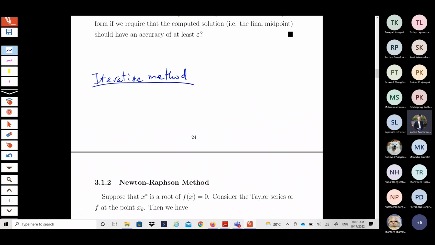In an iterative method, we start with a given initial point x naught.